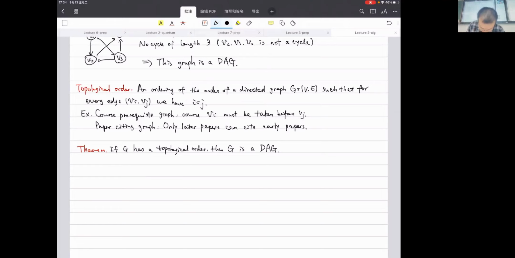This is relatively easy to observe if we prove by contradiction. So we suppose the contrary. Then G has a topological order, let's say the topological order is V1, V2 to Vn, and G also has a directed cycle.